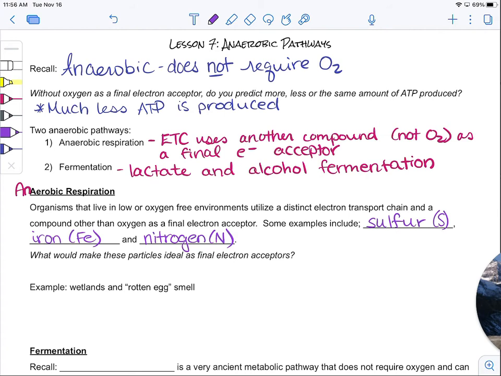And what makes these particles ideal as final electron acceptors? Thinking back to lesson 6, we discussed the fact that oxygen was a great final electron acceptor because it was the most electronegative in that whole chain of things that happens. So similar concept here.